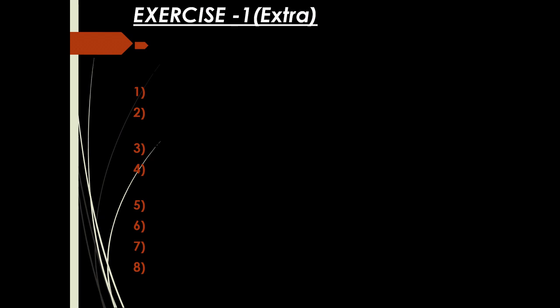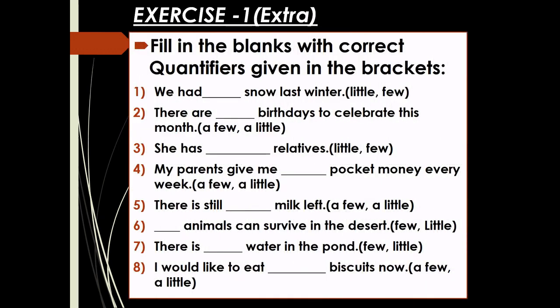Exercise number 1, 2 and 3. These are extra exercises. They are not in your book. They are given by me. Exercise number 1 is fill in the blanks with the correct quantifiers given in the brackets.